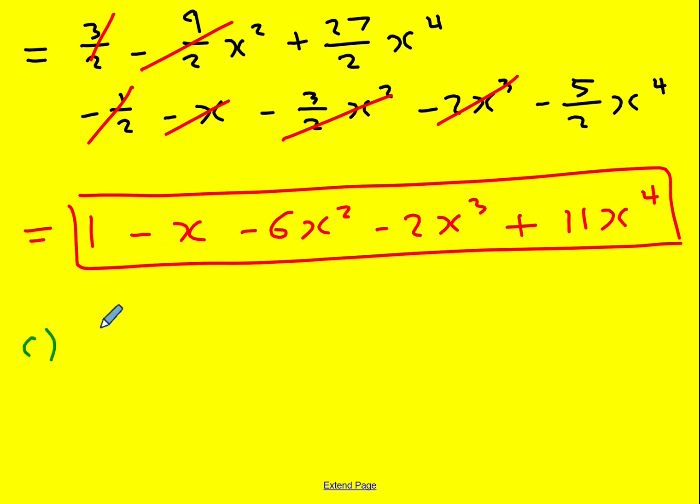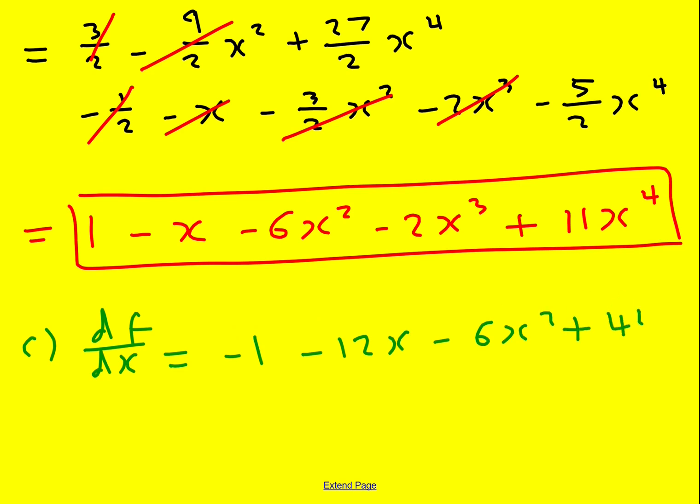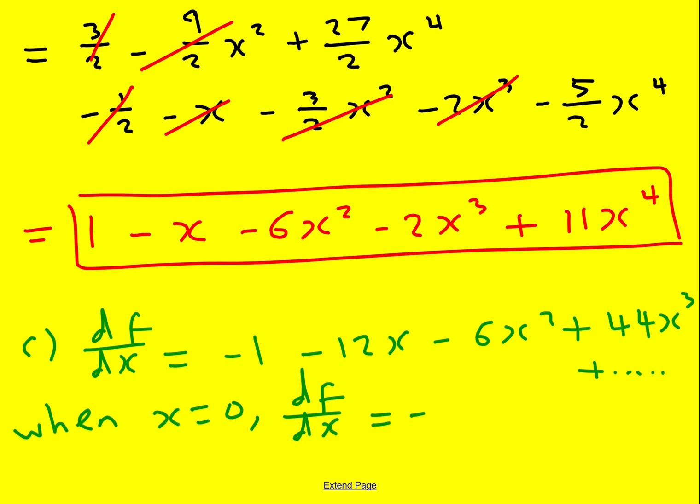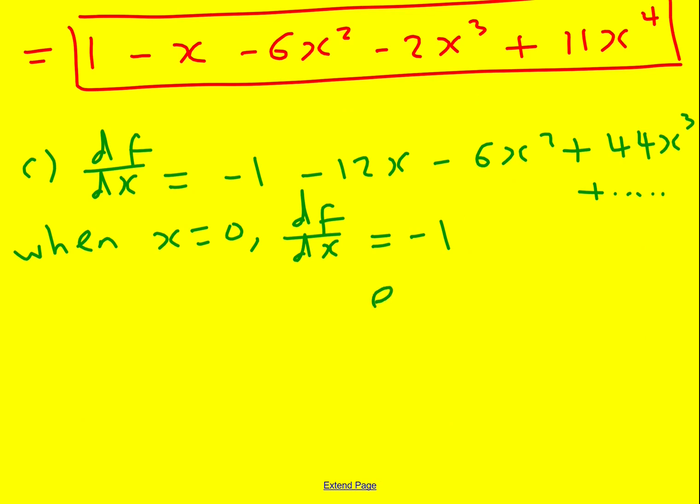So we need to find out what df by dx is, and that is going to be minus 1 minus 12x minus 6x squared plus 44x to the 3, etc. When x is equal to 0, df by dx is equal to minus 1. Not even approximate. This is exact.